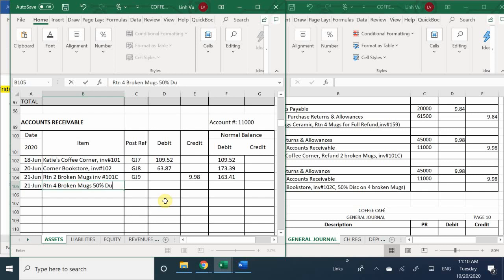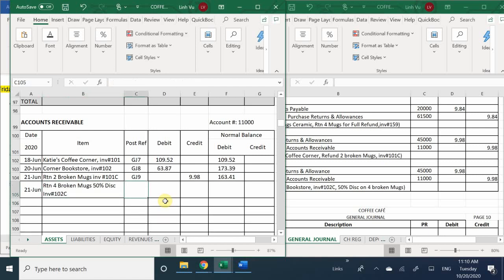50% discount. Invoice number 102C. General Journal number 9, I'm still on 9.